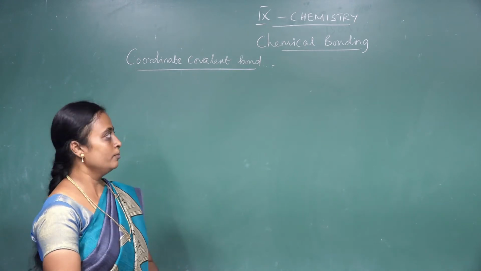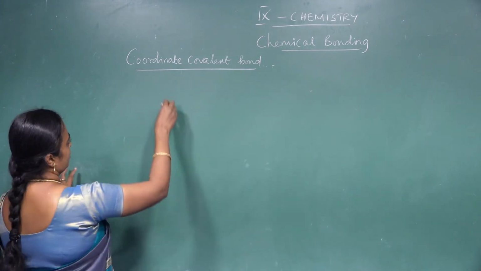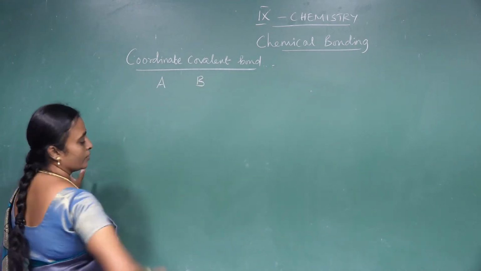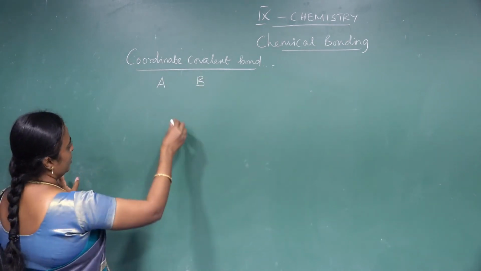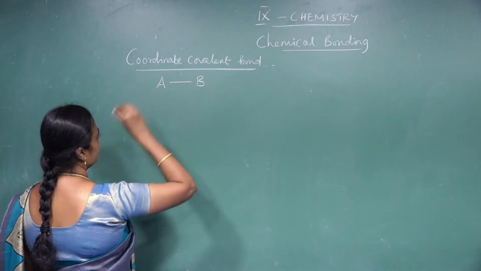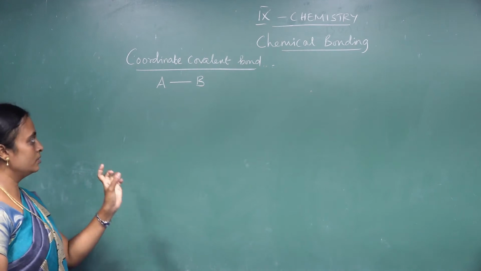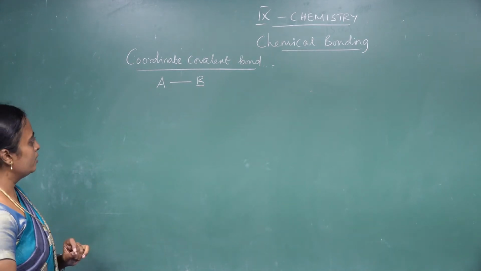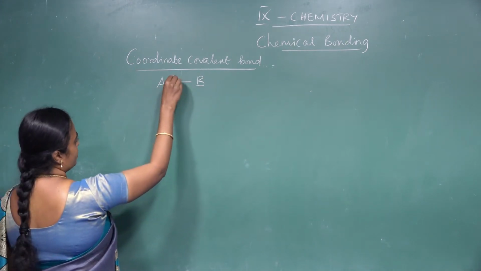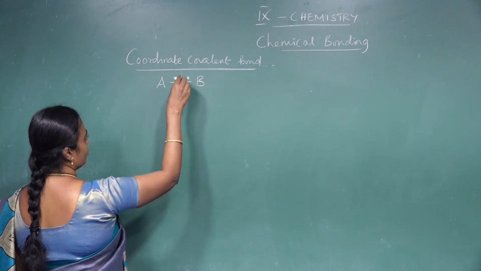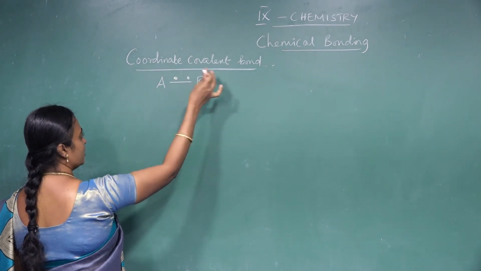For example, if I take A as one atom and B as another atom, between the two atoms only one bond has formed. Let us assume this is a covalent bond. Then A atom gives one electron and B atom gives one electron, and those electrons come from the outer shell.